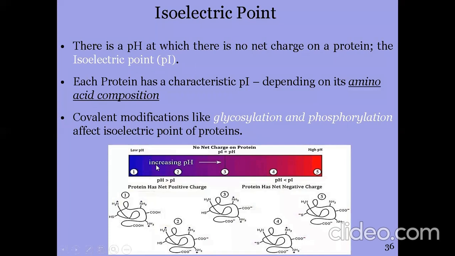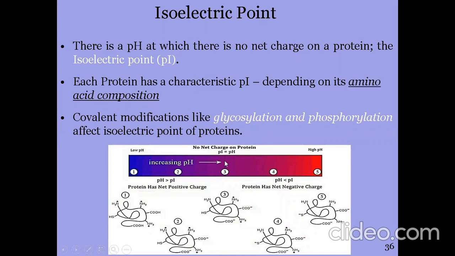If we go on increasing the pH, there will be a point where pI is equal to pH. Here the pH is greater than the pI, the isoelectric point lies here, and here the pH is lower than the pI.